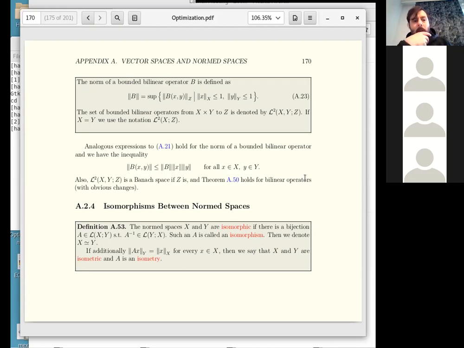And if in addition this linear operator has a norm of 1, so that the norm of AX in the space Y is the same as the norm of X in space X, we say that these are isometric spaces. Isometry means same length or same size. So you can map one to one and the norm, that determines the space size, is the same.